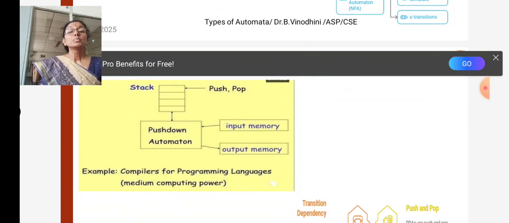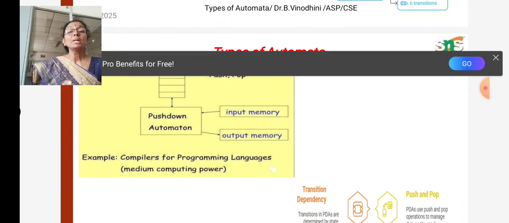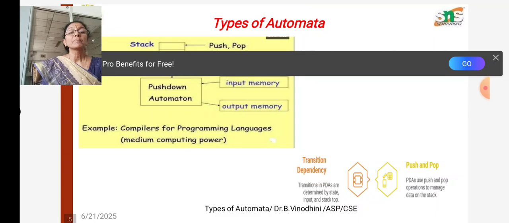Next is the pushdown automata. In the pushdown automata, we have a temporary memory as a stack. An example of a pushdown automata is the compilers for programming languages. We require medium computing power to implement the pushdown automata. The transitions of the PDA are defined in terms of states, input and the stack.